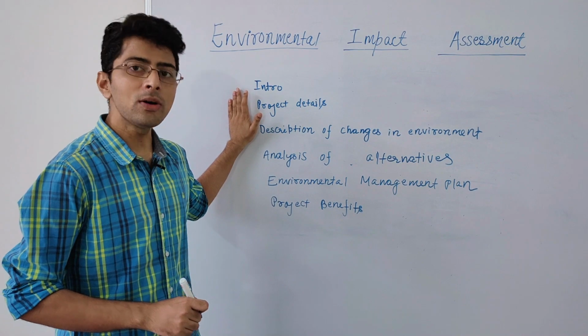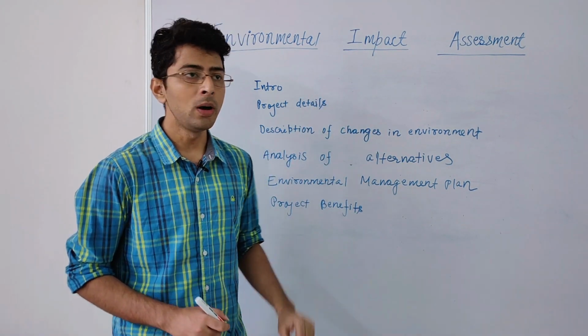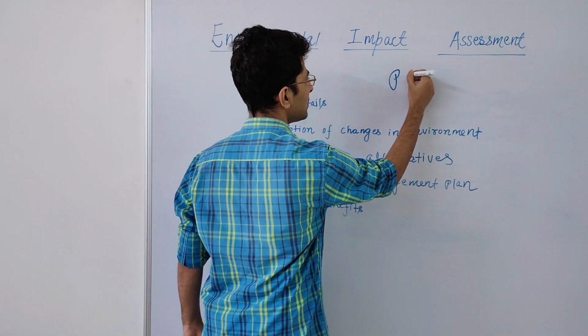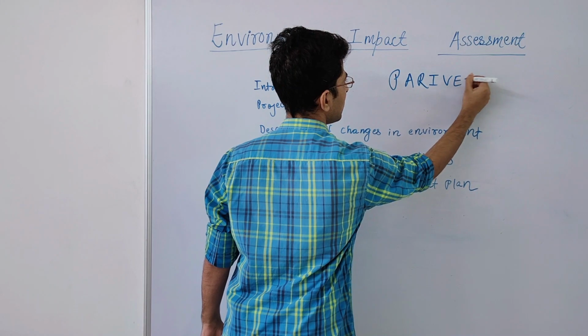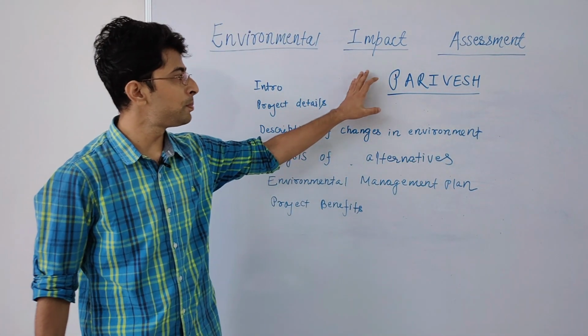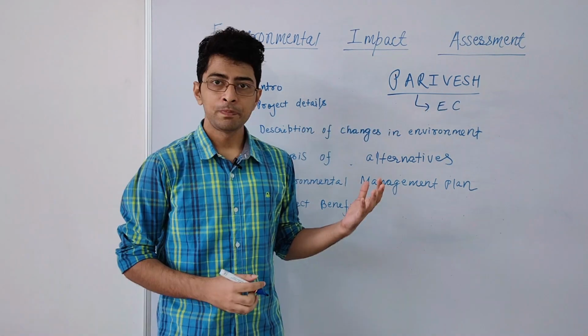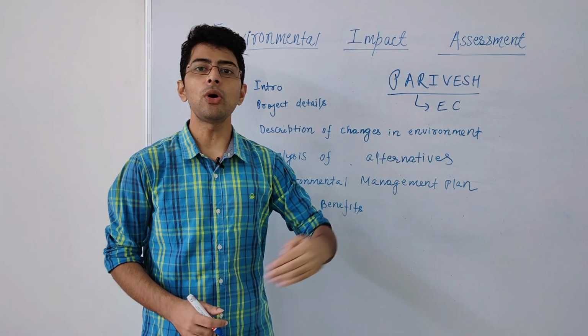Now considering all of it, the government of India has an online portal which is called Parivesh. Now this you can remember, it is important for the preliminary examination. Parivesh is a single window environmental clearance interface for all kinds of projects.